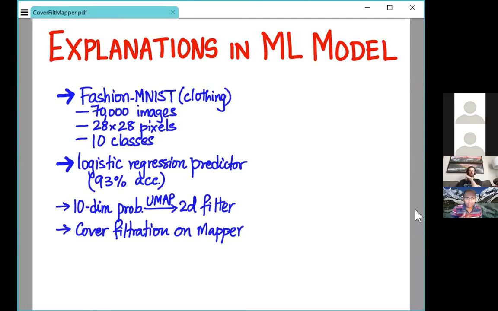So we did a dimensionality reduction from the 10-dimensional probability to a 2D filter using UMAP, with just standard parameters. Then we built a cover filtration on the mapper using this UMAP reduced probability measure as the filter.